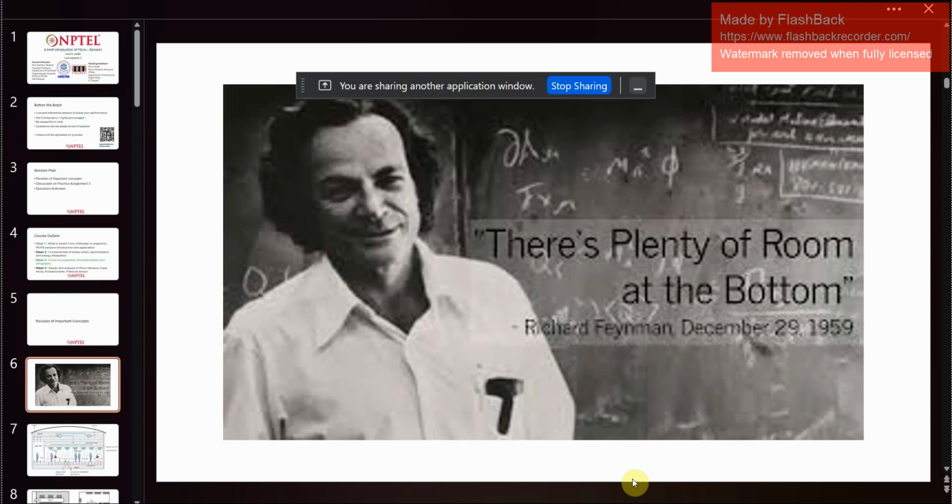in physics, and he basically came up with the idea that we can shrink everything down. Here the bottom stands for the scale less than the millimeter range. So millimeter, micrometer, nanometer, in that range. That's what we meant by bottom. He came up with that visionary idea that we can shrink and miniaturize everything, and that has actually led to a big revolution.